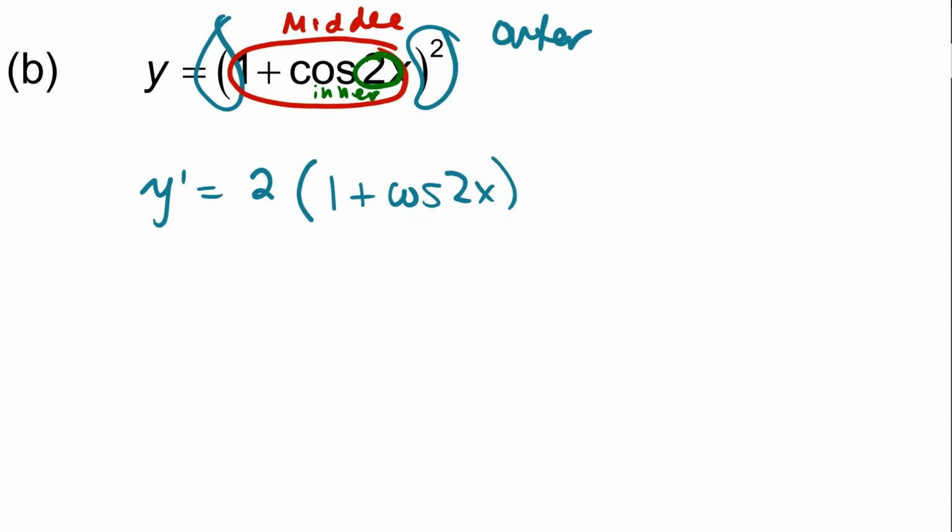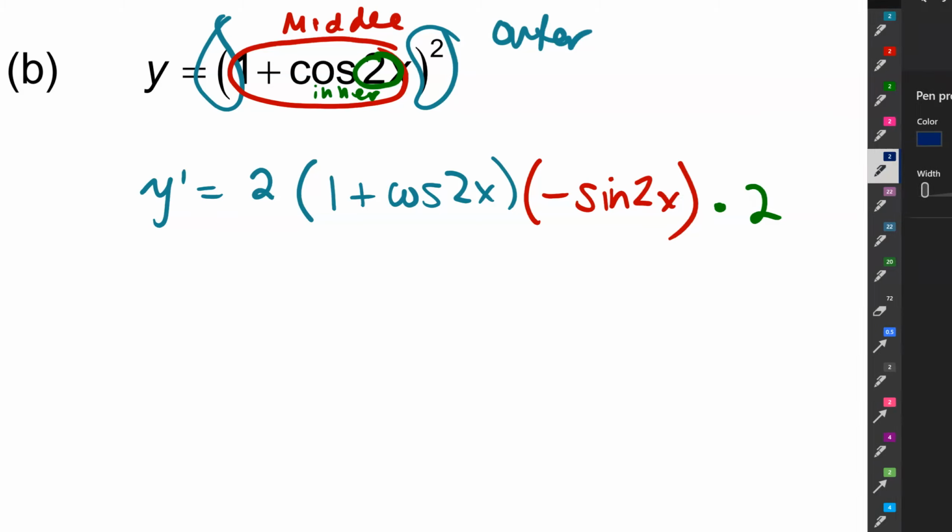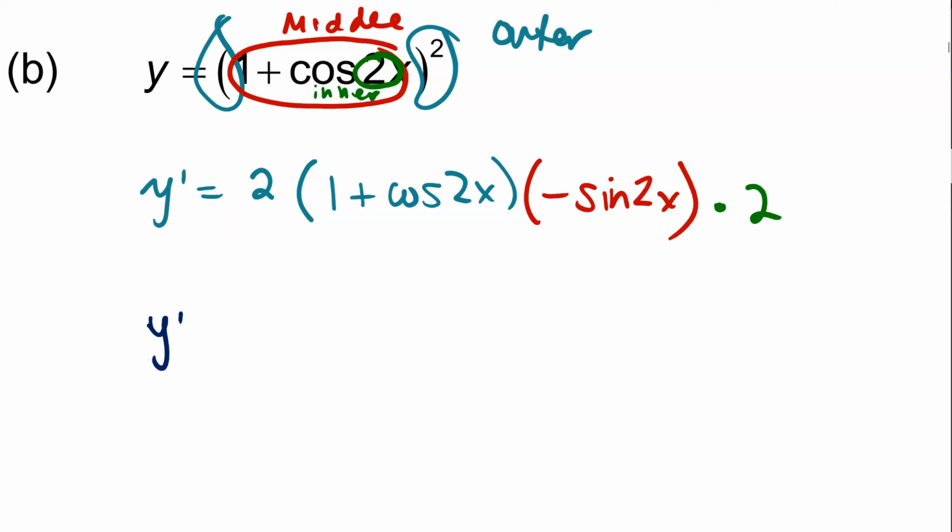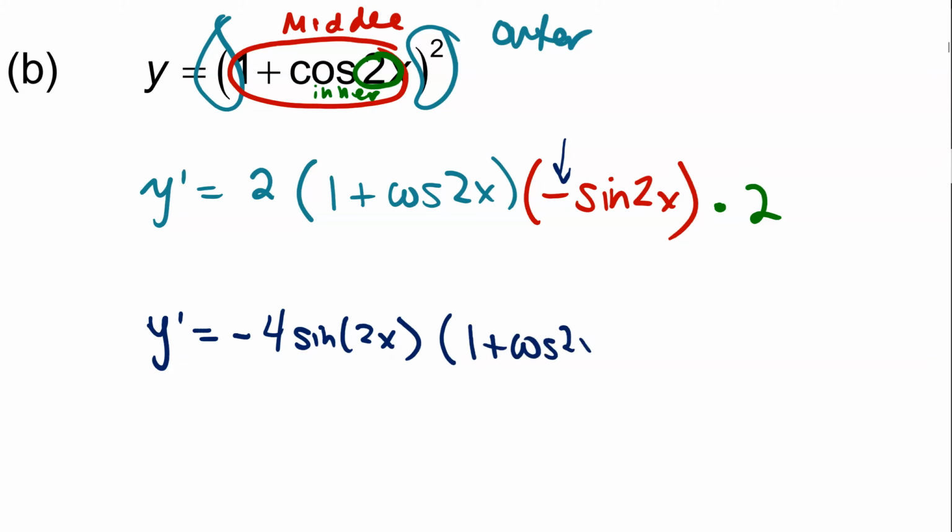Derivative of cosine is negative sine, and then I have my same angle, and then the very innermost times 2. So if I want to rewrite this, y prime is equal to negative 4 sine of 2x times 1 plus cosine of 2x.